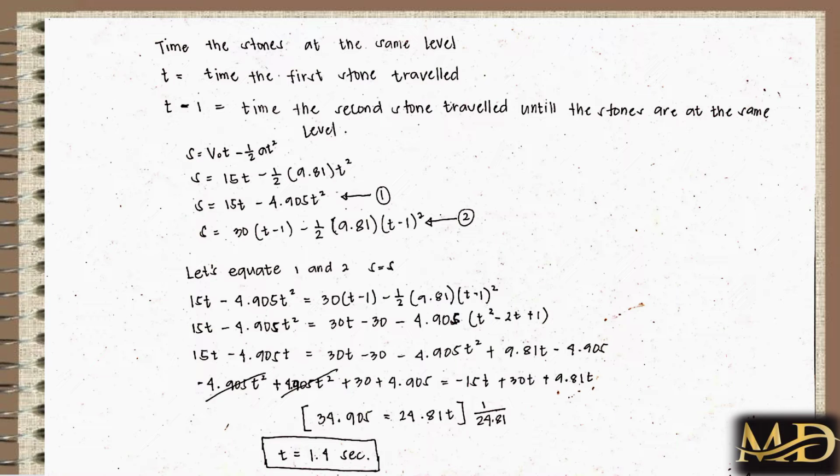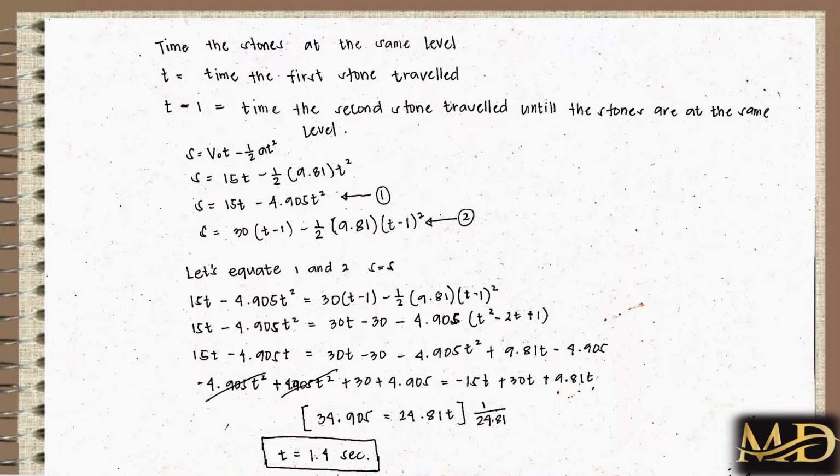So let's transpose the T squared. So negative 4.905 T squared plus 4.905 T squared plus 30 plus 4.905 is equal to negative 15T plus 30T plus 9.81T. So let's cancel the negative 4.905 T squared and 4.905 T squared.